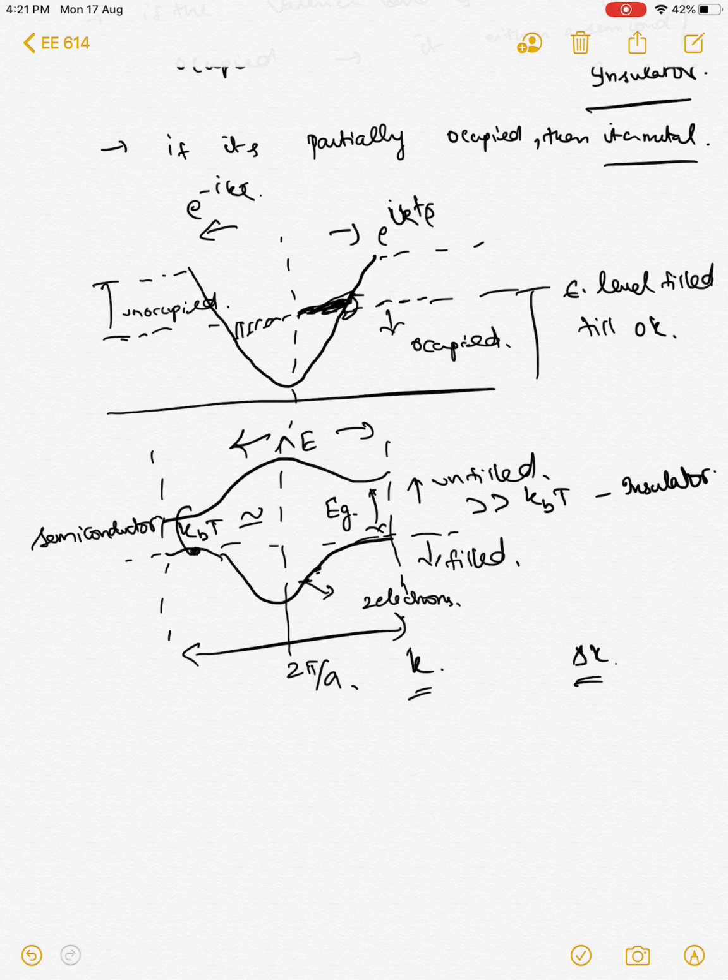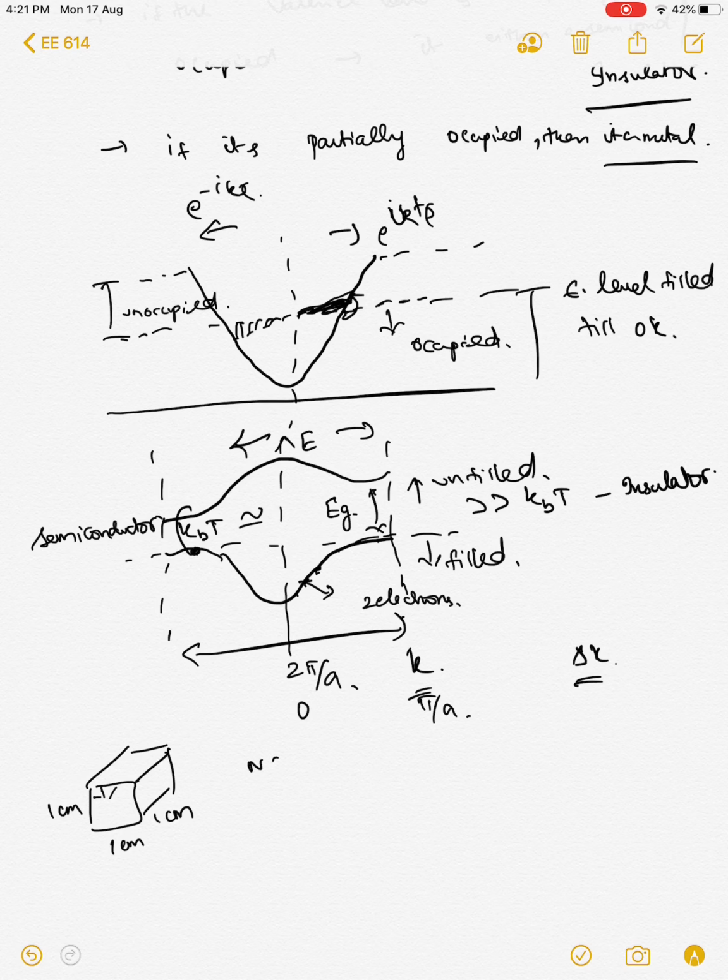But how many such del K's are available here between 0 to pi by a? We will show that the number of such points along this line is equal to the number of unit cells in the volume that we are talking about. Let us say I take a cube of silicon, each side being 1 centimeter, and I divide this cube into unit cells of silicon.